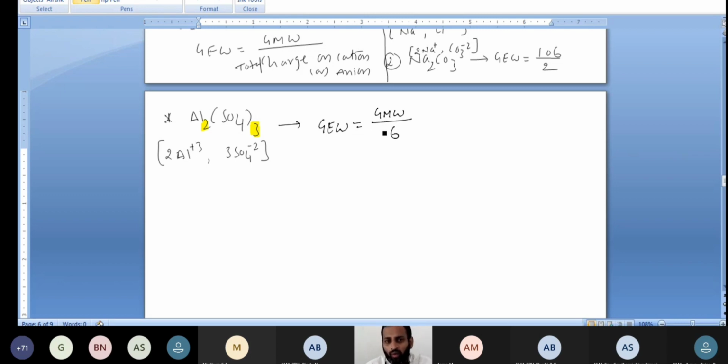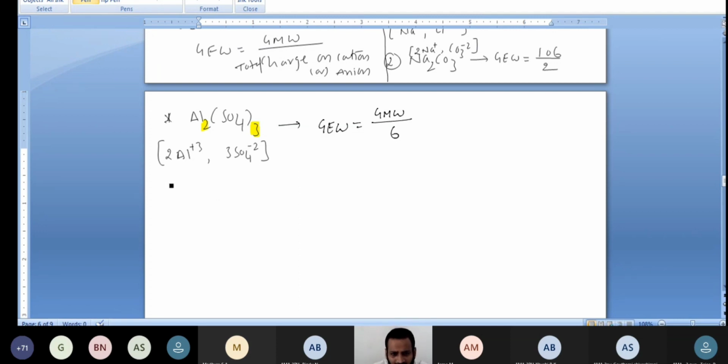Why? 1 aluminum means +3, and 2 aluminums means 2 times 3 is 6. Same way, 3 into -2 is -6, but don't take the negative charge, I told you already. So 3 times 2 is 6. That's it. The gram equivalent weight is the gram molecular weight divided by 6, the total charge. Got it clearly? So Al2(SO4)3 is like this.